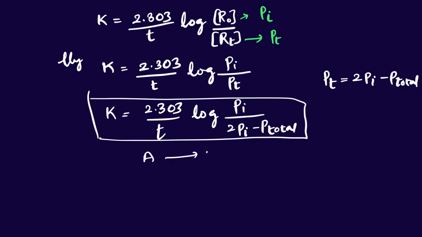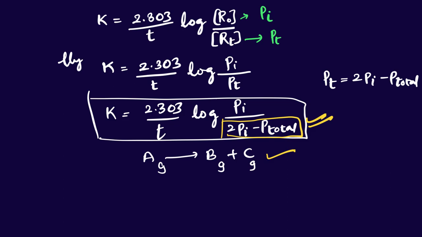A gives rise to B plus C in the gaseous state. Now this rate constant equation is applicable for this equation only. When the stoichiometric coefficients of the reaction change, then this P at T time also changes. That's why every time we have to derive and write the rate constant for a gaseous reaction.